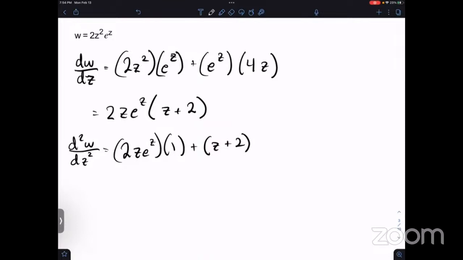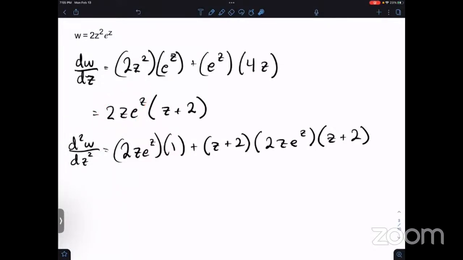We can actually just use our result from above, because that derivative is the previous answer. So I'm going to write it as 2z. Because again, when I take this derivative, that was the original... Oh no, it's not. No, it's not.